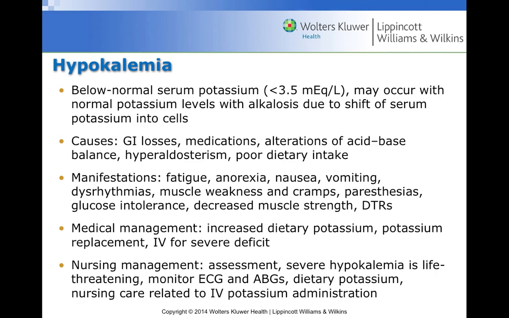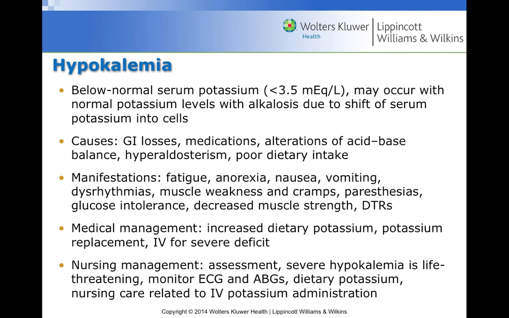Prevention may involve encouraging the patient at risk to eat foods rich in potassium if their diets allow it. Again, those that are rich are your fruit juices, bananas, melons, citrus fruits, fresh and frozen vegetables, lean meats, milk, and whole grains.